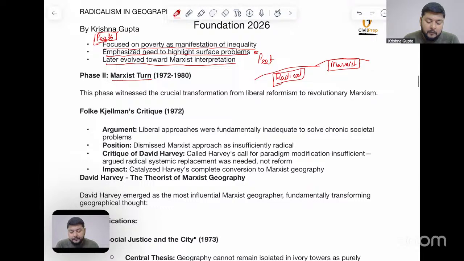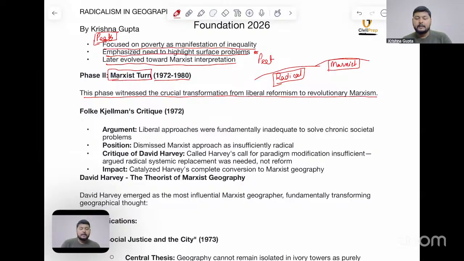Now, phase two, the Marxist turn, came in 1972 and prevailed till the 1980s. This phase witnessed the crucial transformation from liberal reformism to revolutionary Marxism. So here the stance changed. Can I live in a region where society is unequal?